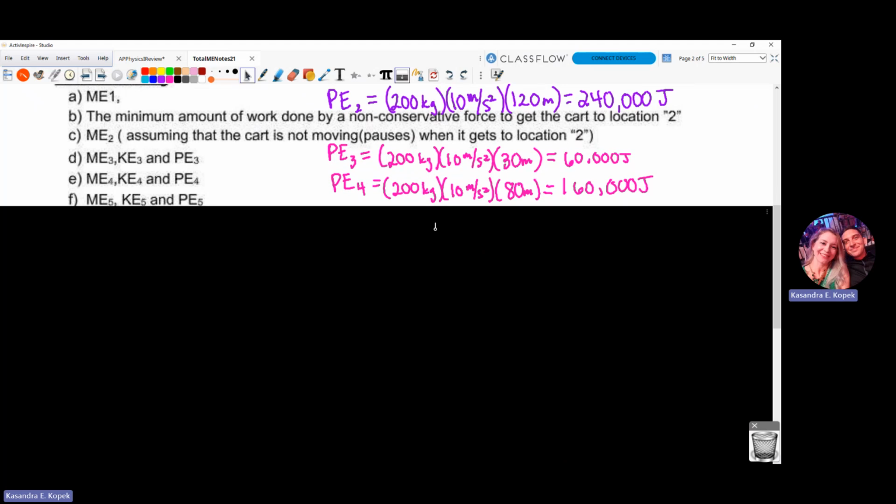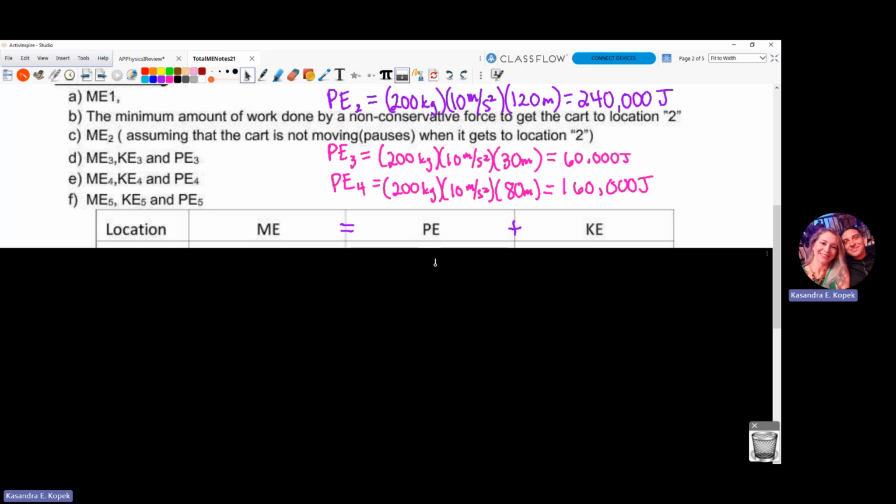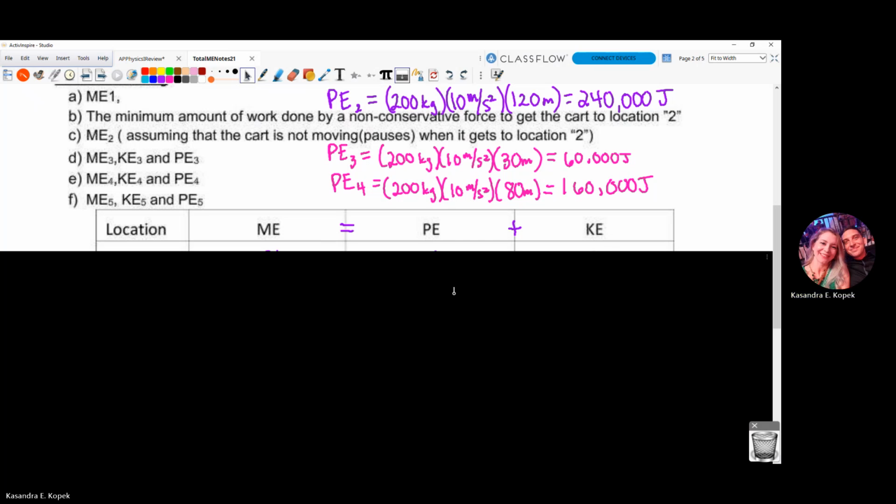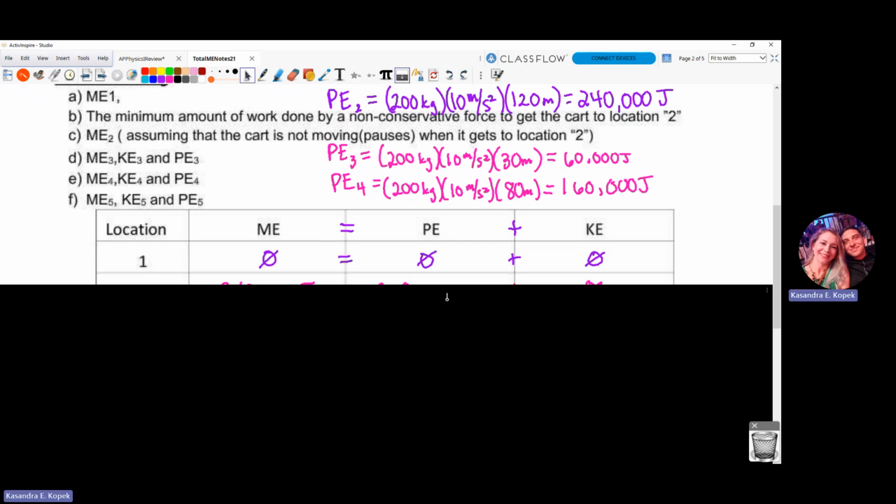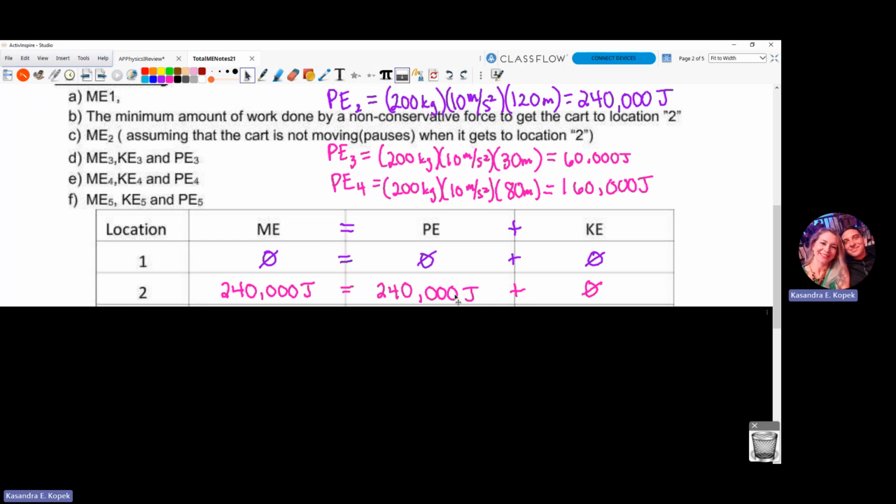Remember, at the maximum height, all of our energy is going to be potential gravitational. So I know the total amount of energy is going to be the sum of potential and kinetic. So if all of our energy is potential at location 2 and 0 kinetic energy, that means the total mechanical energy of the system is the same as the potential at location 2.